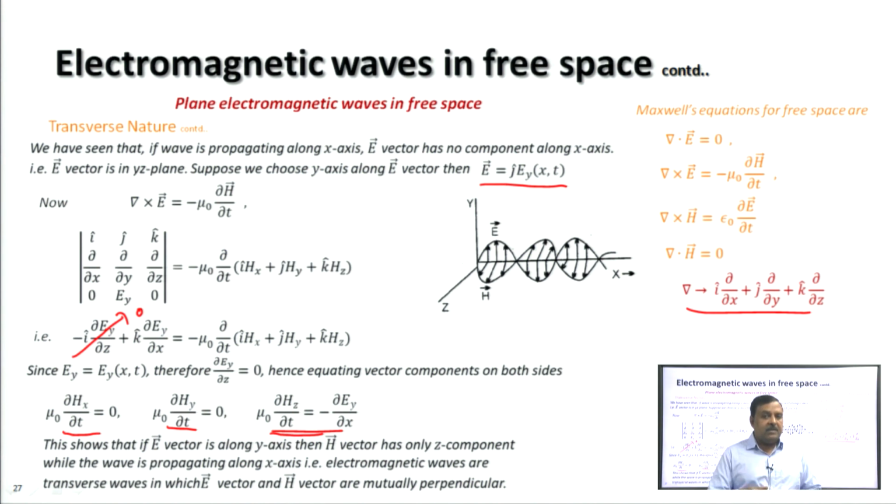So, electric vector and magnetic vector both are mutually perpendicular in the electromagnetic wave. So, in the electromagnetic wave, E vector and H vector are perpendicular to the direction of propagation, and also they are mutually perpendicular. Okay.